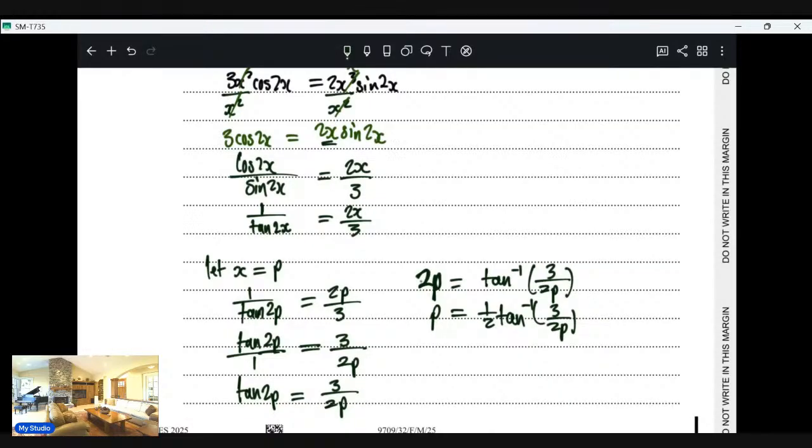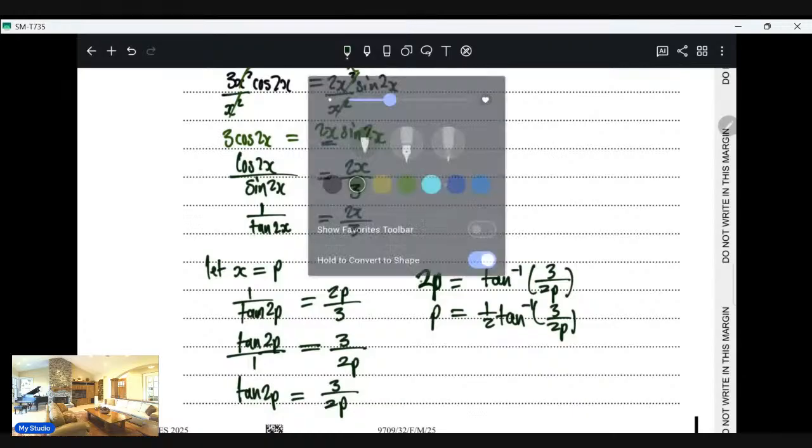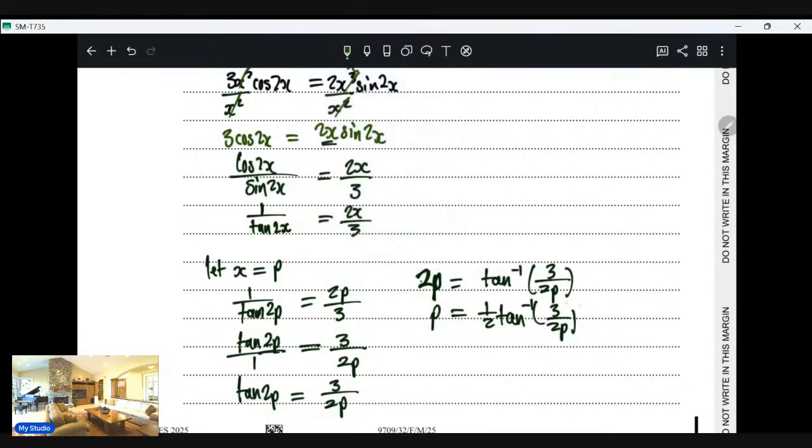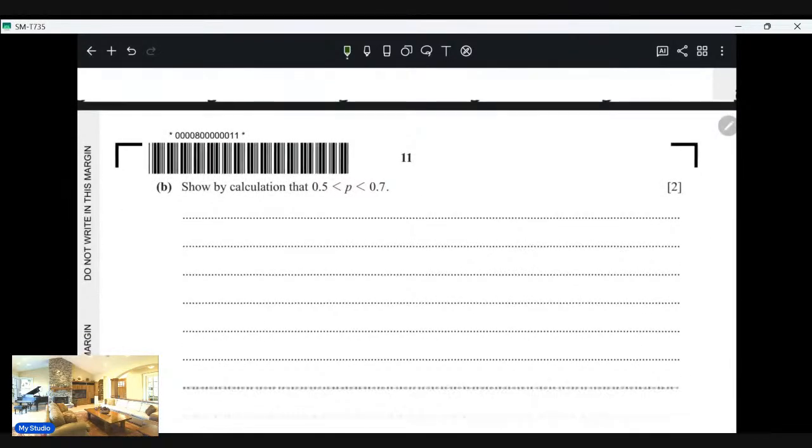So this is it. Can you see this? It was just differentiation and a bit of playing around. Here they are now giving you another question, which is saying, show by calculation that p is between 0.5 and 0.7.